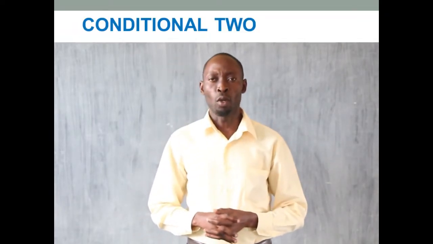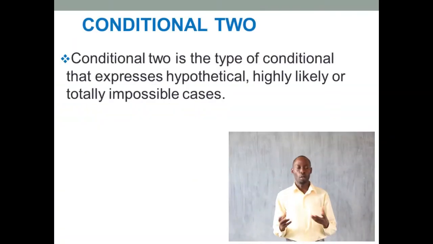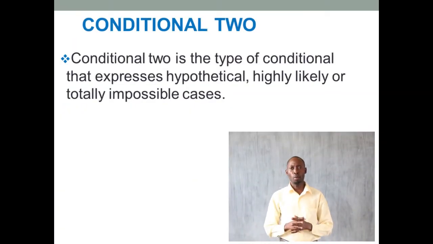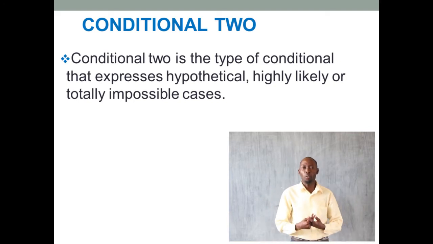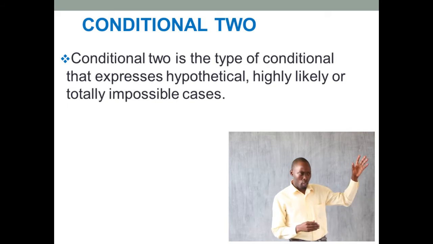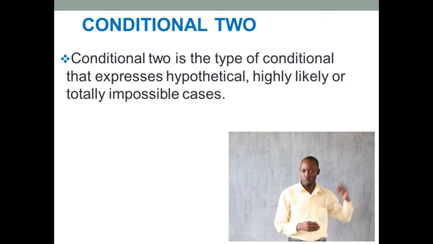What is conditional 2? Conditional 2 is this type of conditional that expresses hypothetical or highly unlikely or even impossible cases. We looked at the word hypothetical in our first lesson.